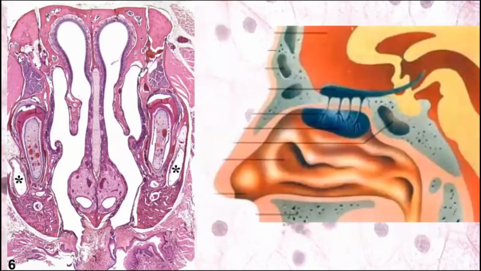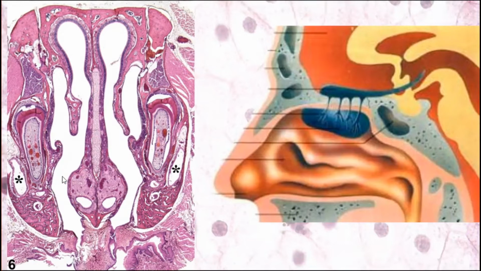And here we can see frontal section of the nasal cavity. We can see here nasal septum, its bony part, its cartilaginous part. Here it's hyaline cartilage, and there are concha of the nasal cavity, and also these structures are covered with nasal mucosa, and we can see it.